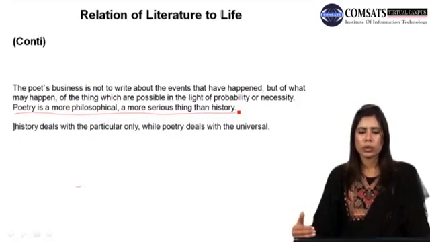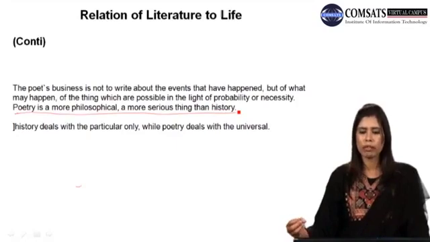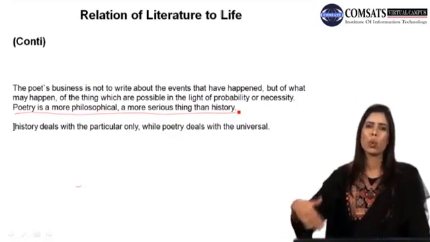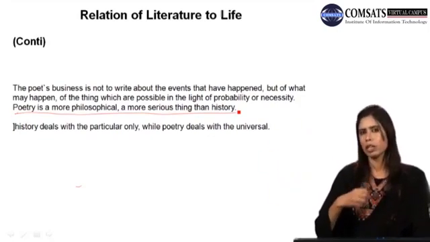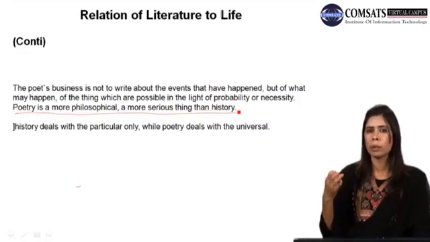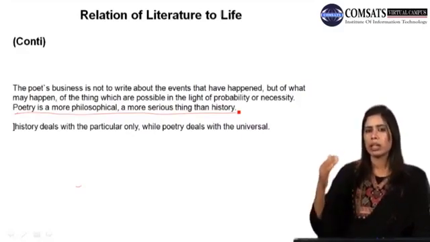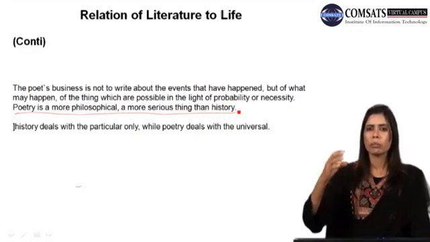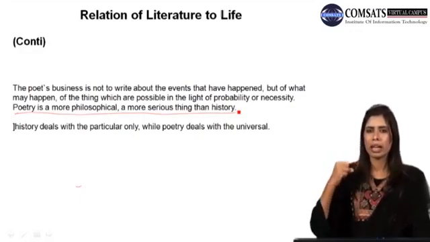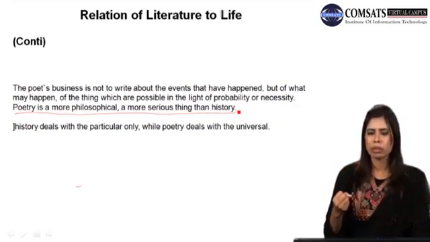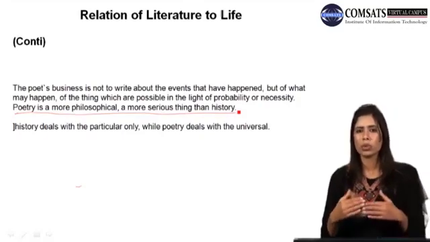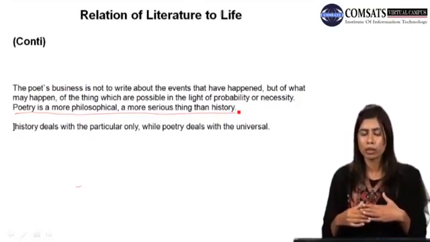Okay, the last point which was there, that the poet's business is not to write about the events that have happened. So the poet has nothing to do with the past. Definitely that would be reflected in his writing. Past is also part of his life, but the purpose of putting his imagination into words is the life which he wants to see, or the things which may happen in this society, and those things would be described in the light of probability and necessity.